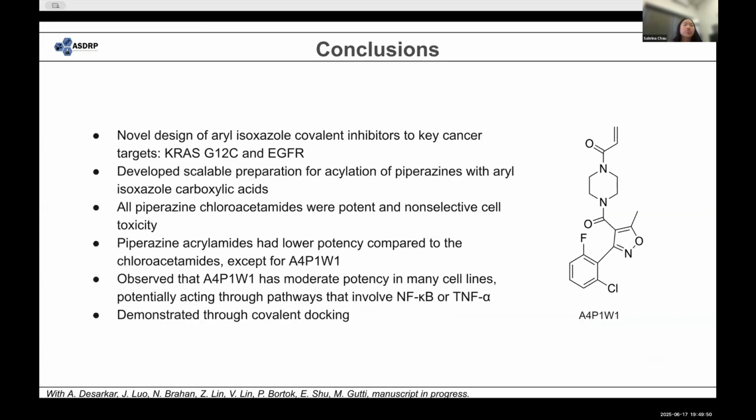So in conclusion, we reported a privileged scaffold inspired design of aryl-isoxazole covalent inhibitors to key cancer targets, KRAS G12C and EGFR.